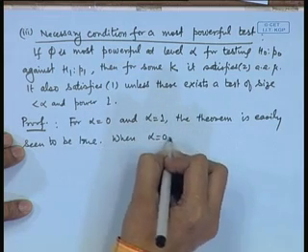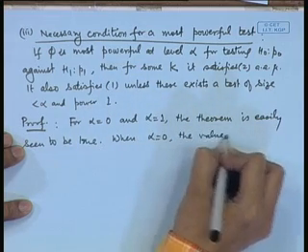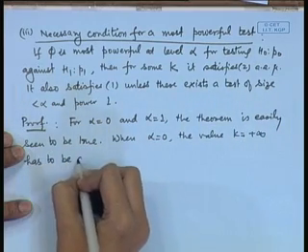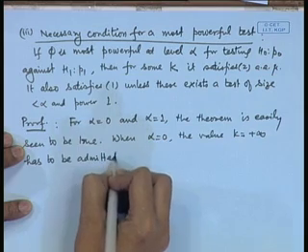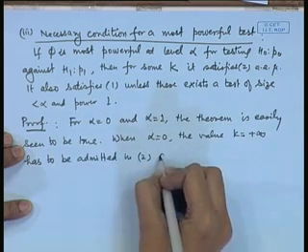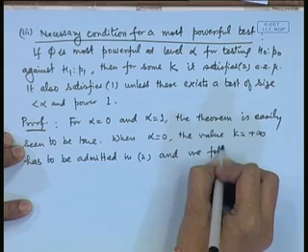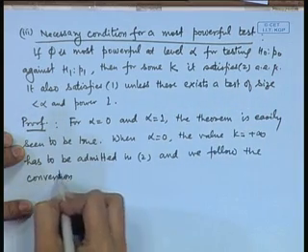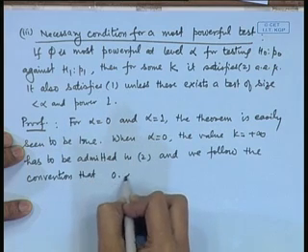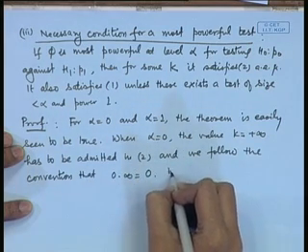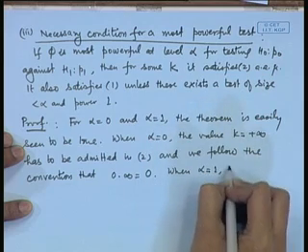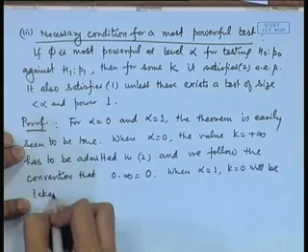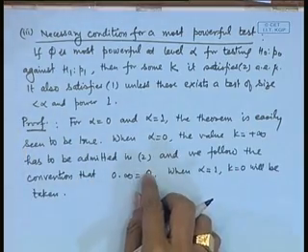When alpha is equal to 0, the value k equal to plus infinity has to be admitted in 2, and we follow the convention that zero into infinity is equal to 0. When alpha is equal to 1, k equal to 0 will be taken. Let us look at these two choices.